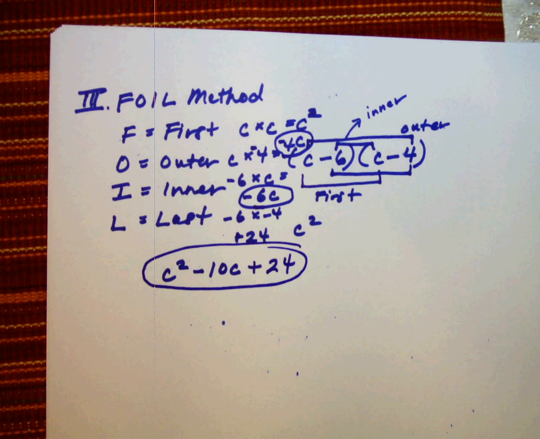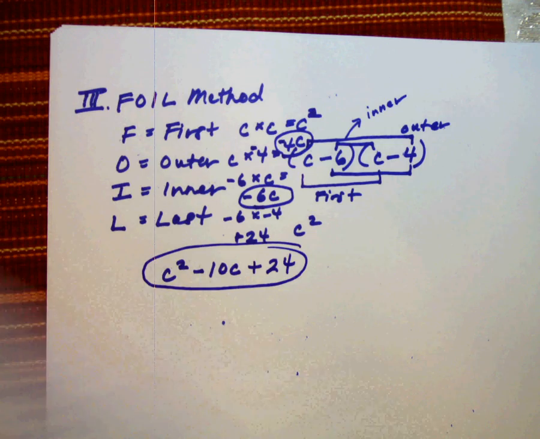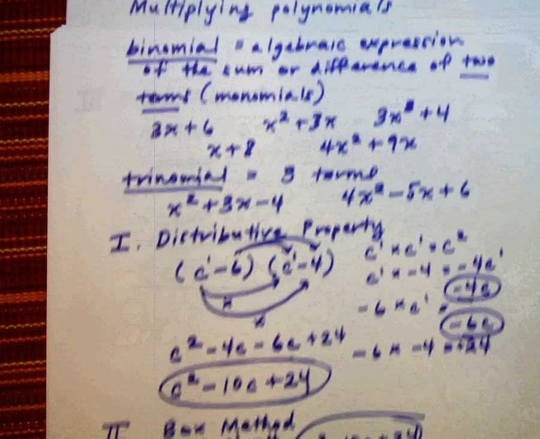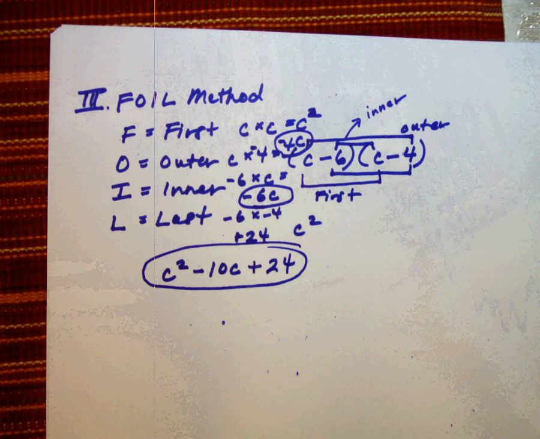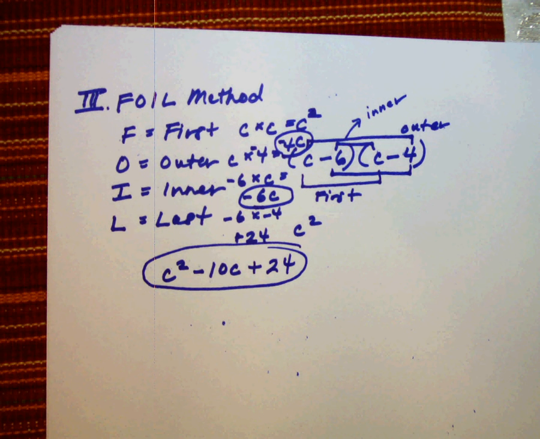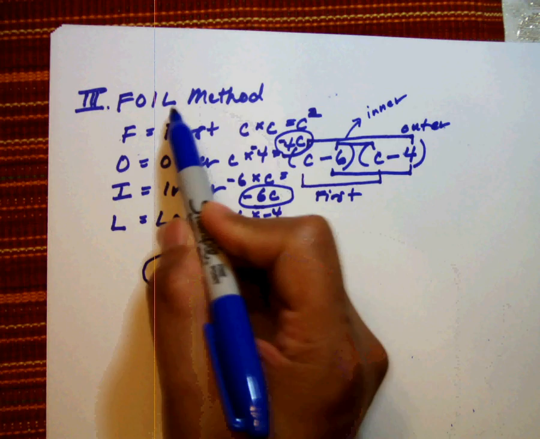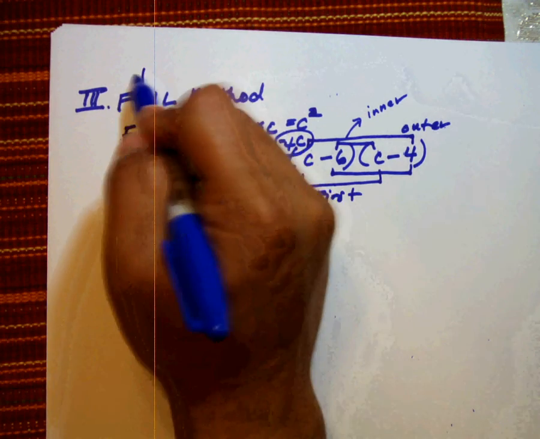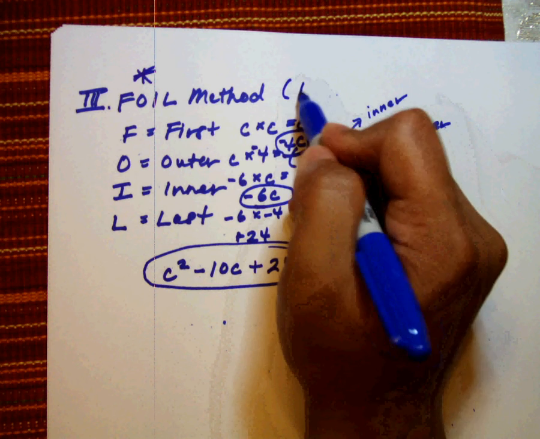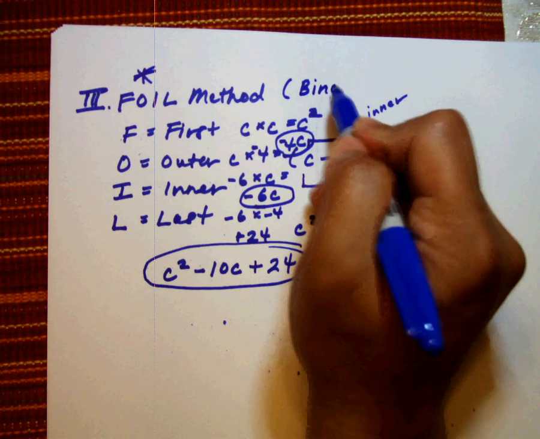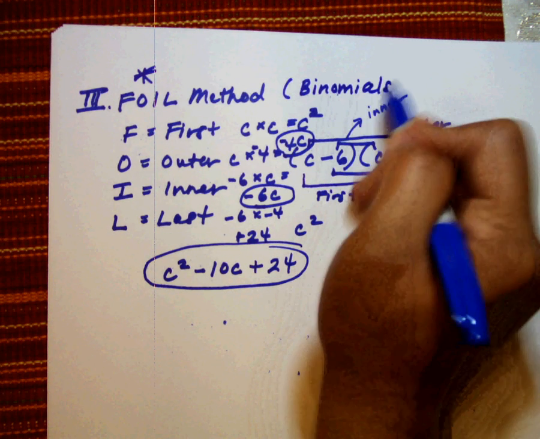So depending upon what you used, you can use either the distributive property, the box method, or the FOIL method to multiply binomials. The FOIL method is very significant. I'm going to put a star here. The FOIL method is only used for binomials. Okay?